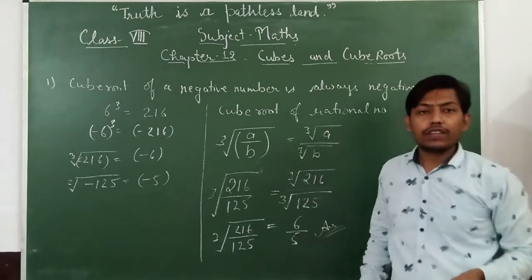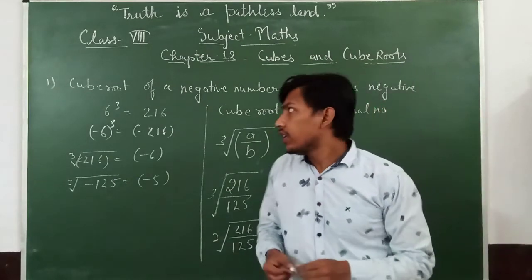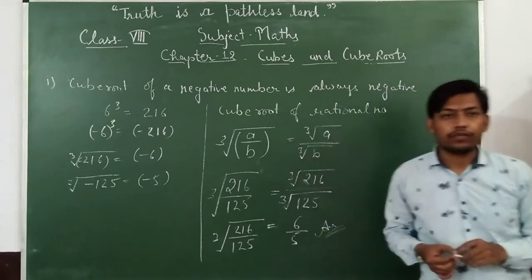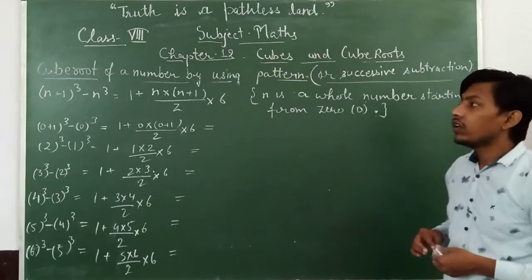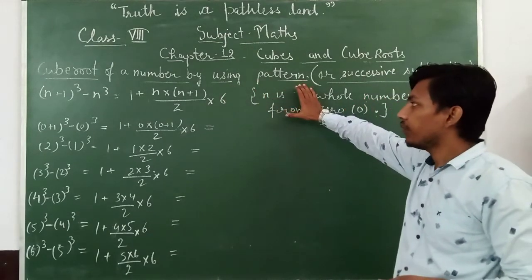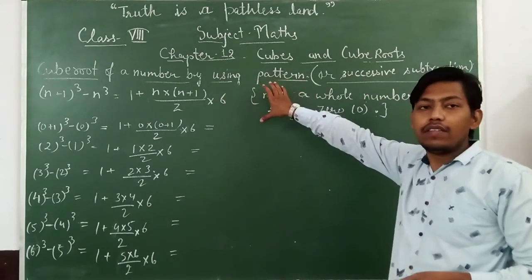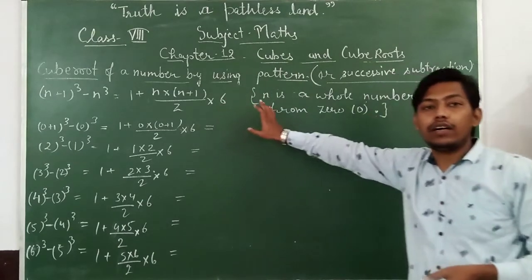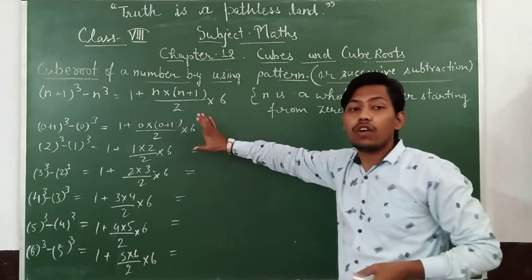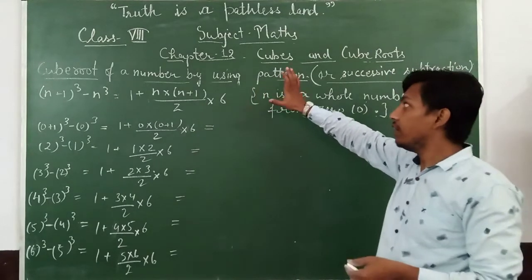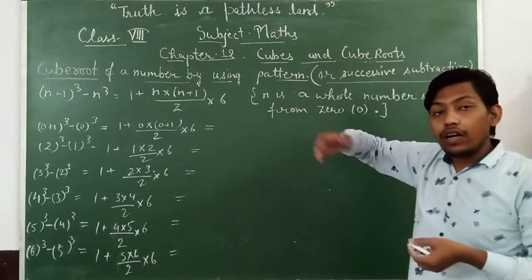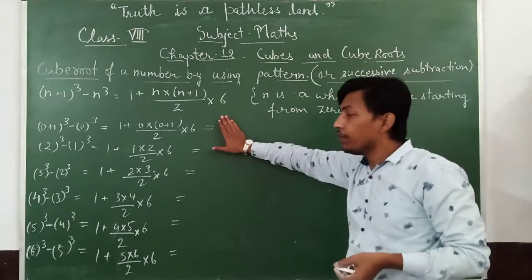Now we will discuss how we can find the cube root of any number by successive subtraction. Now, cube root of a number by using pattern. Using pattern means we have to observe the pattern and find some numbers from it, which we will subtract from the number whose cube root we have to find.